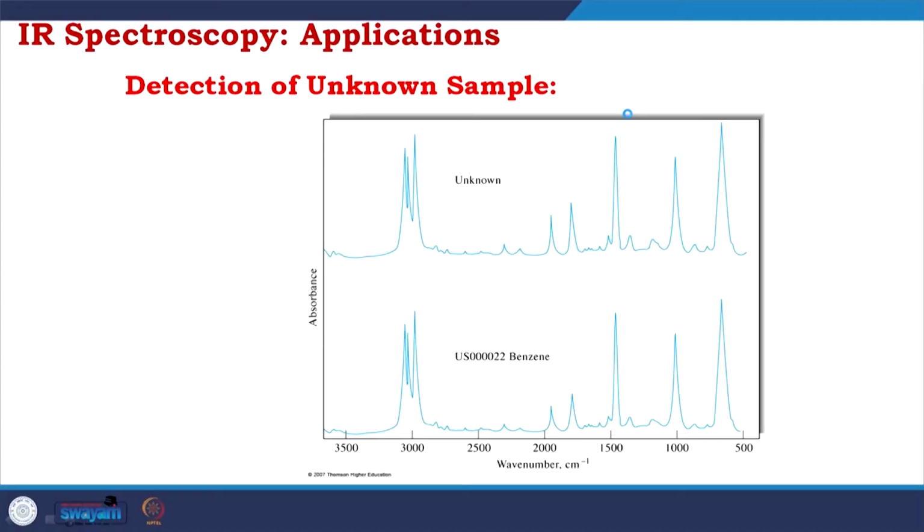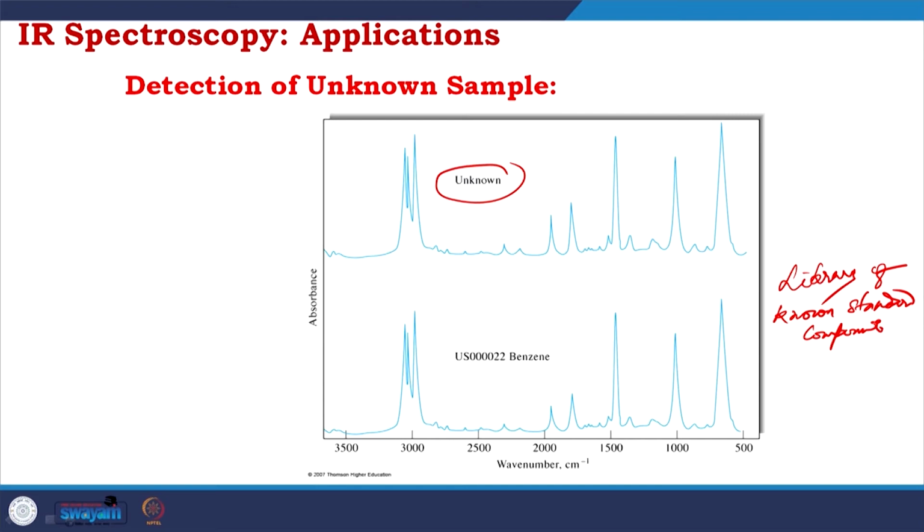Detection of unknown sample, this is a very good technique for detecting unknown samples. Like if you see, we have a spectra of an unknown sample and we have the library of known standard compounds.